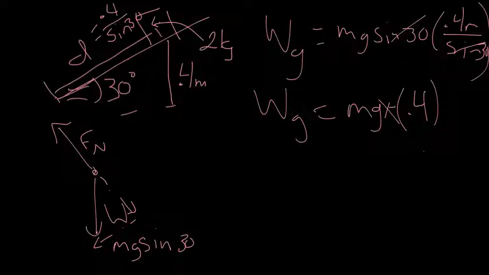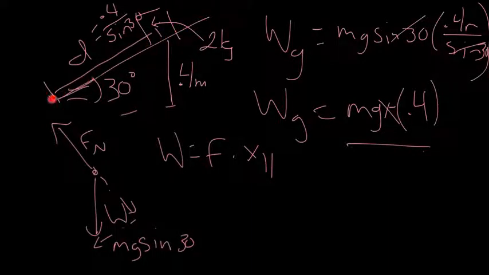Okay? Now, the reason why this works is because, remember, the definition of the work is to find the amount of force and multiply it by the parallel displacement. Okay? Well, when this block slides down this ramp, it experiences a perpendicular displacement and a parallel displacement.